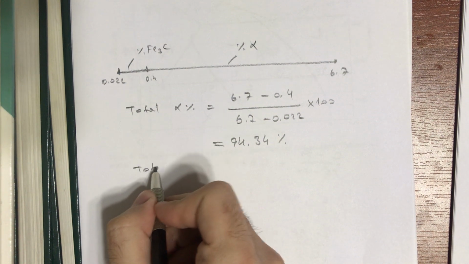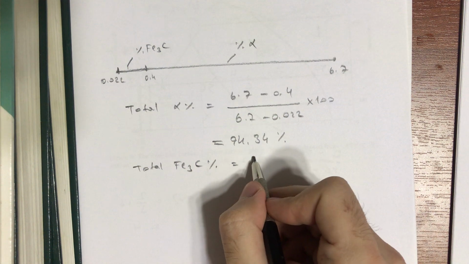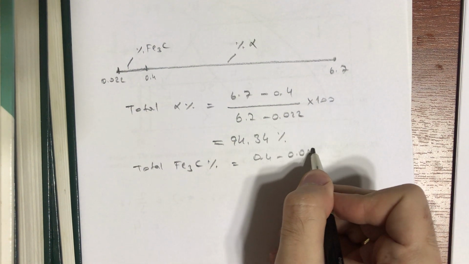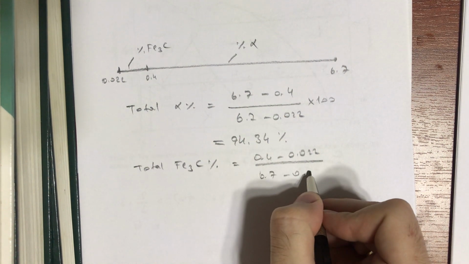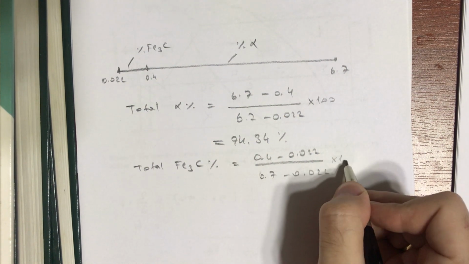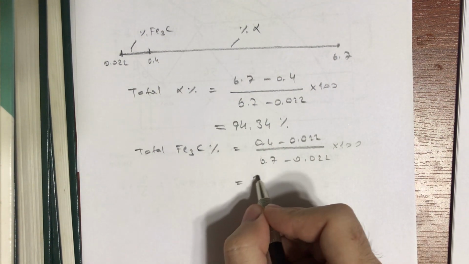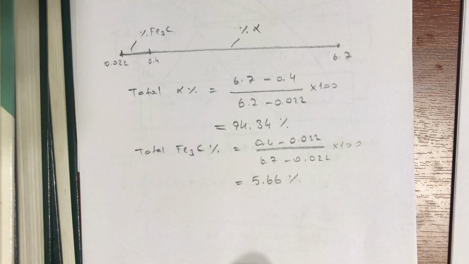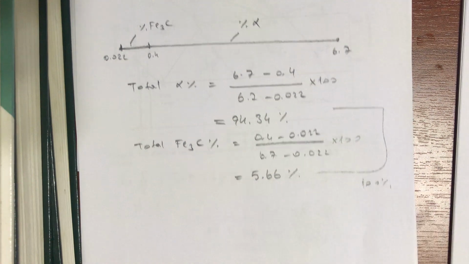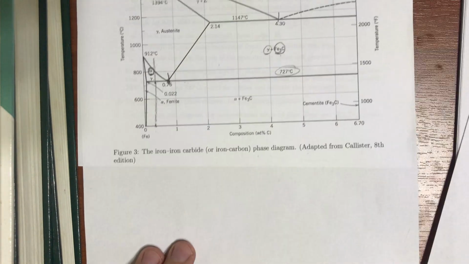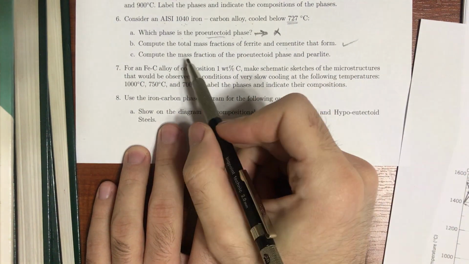If you look at total cementite, it's going to be (0.4 minus 0.022) divided by (6.7 minus 0.022) times 100. And if you do that, you will get 5.66%. And if you add these up, you will get 100%. And that concludes part B. We are done with this.